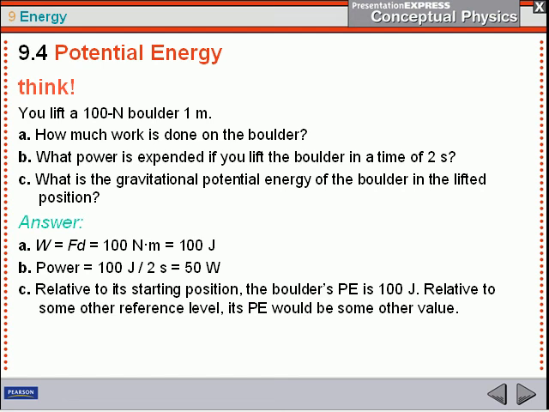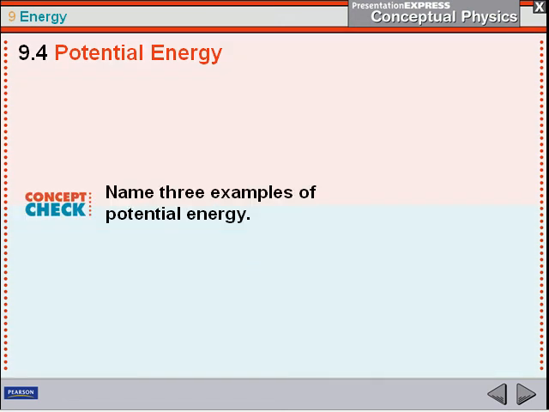And then how much potential energy does it have? Well, related to its starting position, it's going to have 100 joules of potential energy. We lifted it 1 meter with a force of 100 newtons, so it's 100 joules of work. The amount of work we put into the boulder is also going to be its gravitational potential energy.